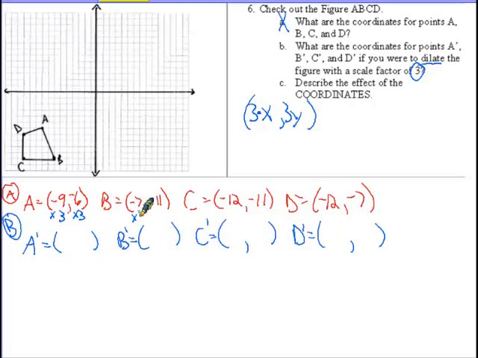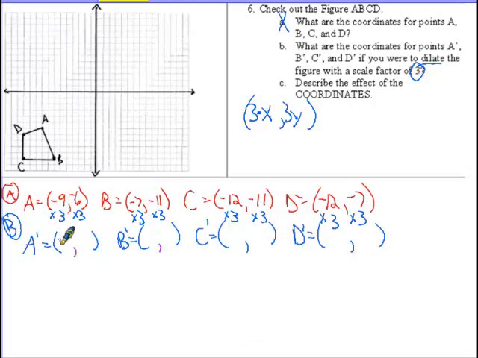So I would multiply negative 7 times 3 and then multiply negative 11 times 3. Everything gets multiplied times 3 because that's my scale factor. And you notice that the question does not ask you to graph it, because it's not going to fit on this little piece of graph paper.